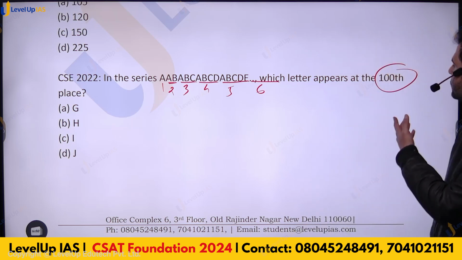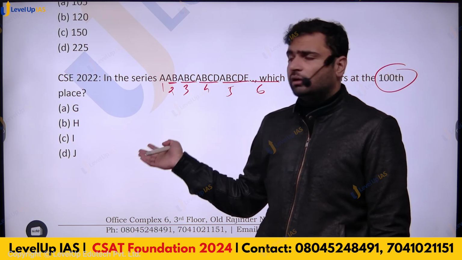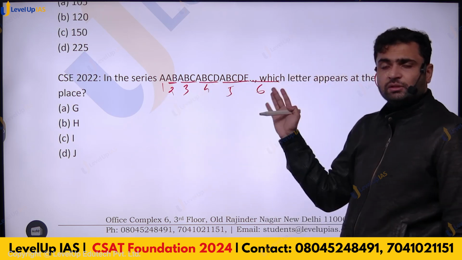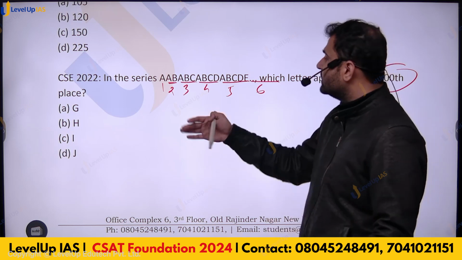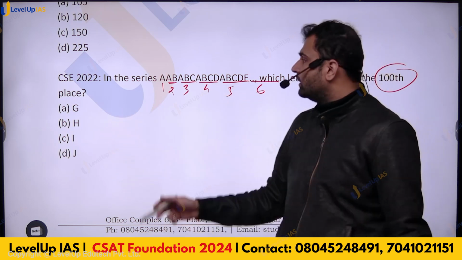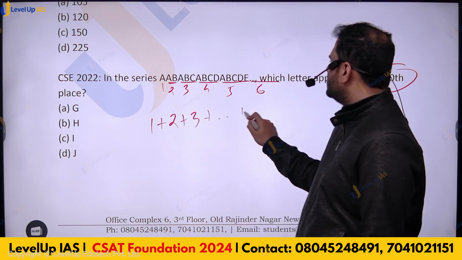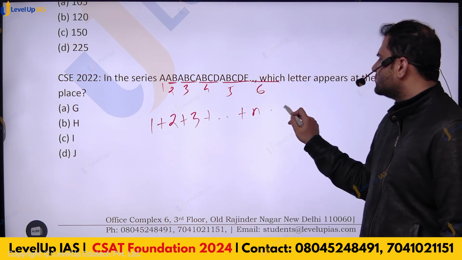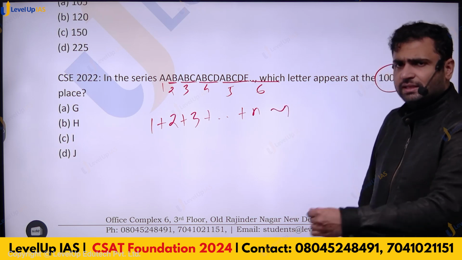The question is, we have to find which letter appears at the 100th place. So we have to first find out where this sequence begins before 100 and after 100. So we want 1 plus 2 plus 3 up till some number, we want this sum to be less than 100, just less than 100.